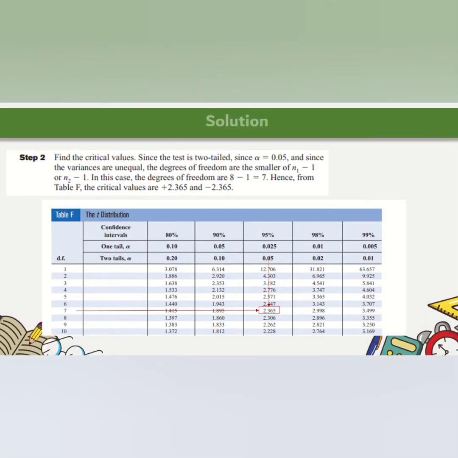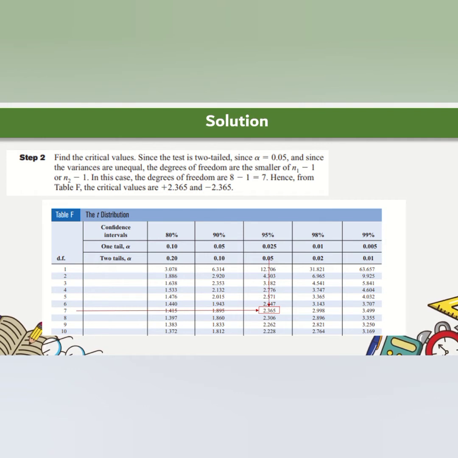Step 2, find the critical values. Since the t-test is two-tailed and our alpha is equal to 0.05, and since the variances are unequal, the degrees of freedom are the smaller of sample size 1 minus 1 or sample size 2 minus 1. In this case, the degrees of freedom is equal to 8 minus 1, which is 7.